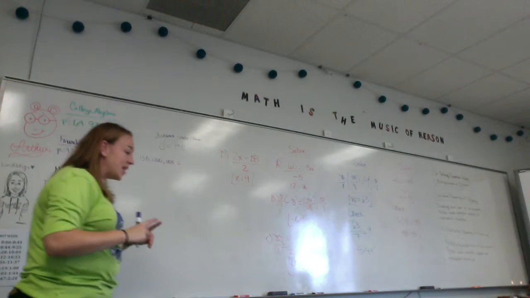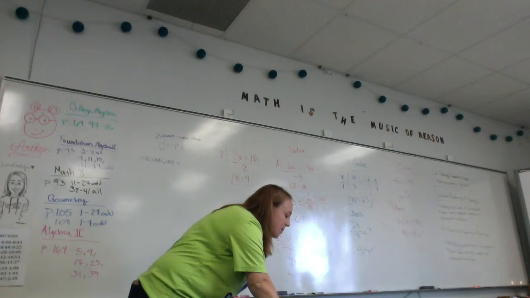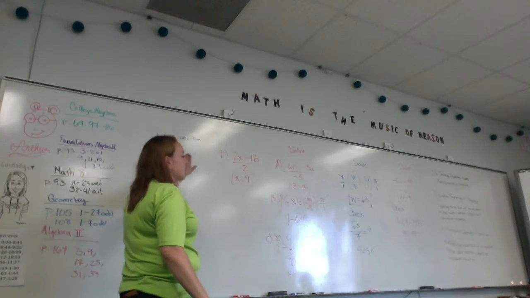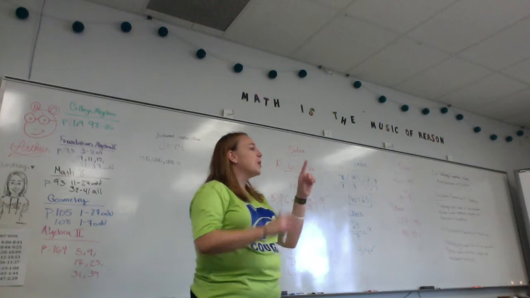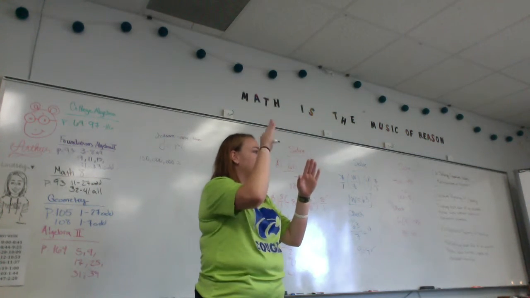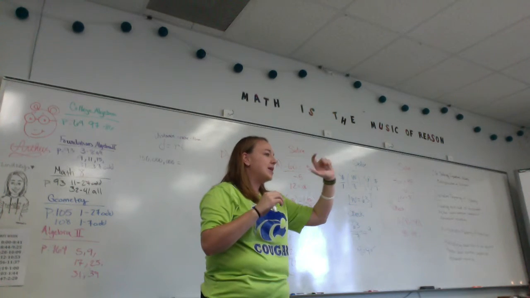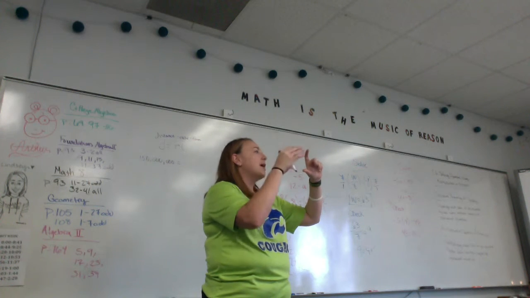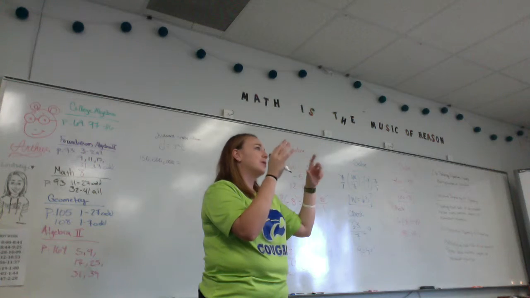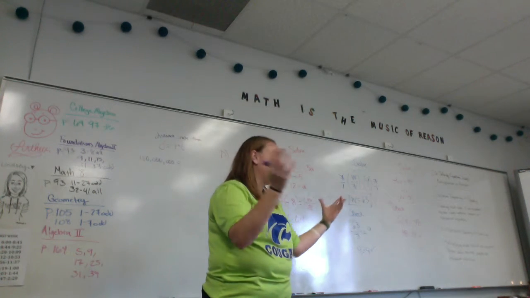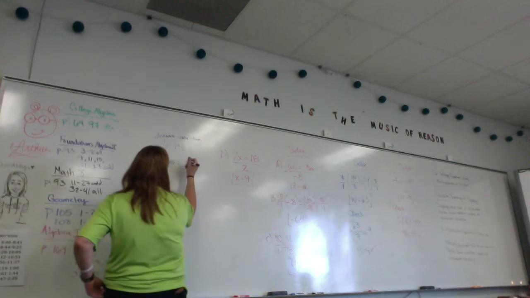Now, it said that it travels at about 2 million kilometers per hour. So is that my rate or my time? It's your rate, because your rate is always something over something, like this says 2 million kilometers per hour. So I have 2 million over here.